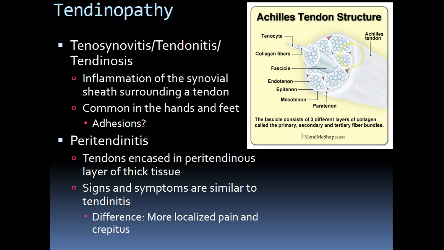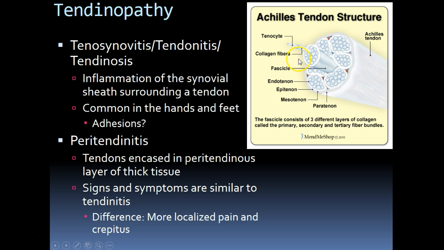Okay, so ultimately with tendinopathies, we have 3, maybe 4 different types. Tenosynovitis, which would be inflammation of the synovium surrounding the tendon itself. Tendinitis would be inflammation of the actual tendon. And then tendinosis would be degeneration.